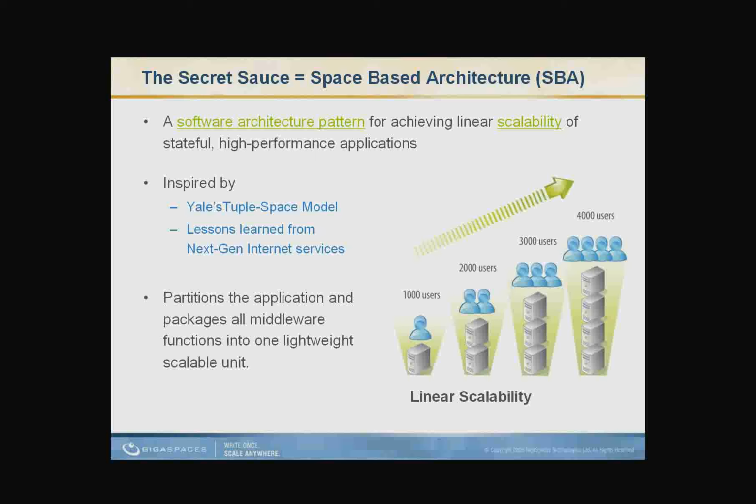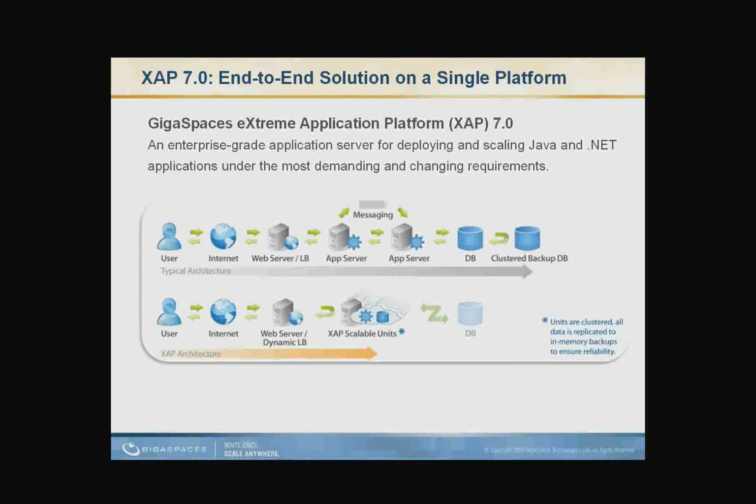That includes partitioning, and how we package the application and build it so that adding another machine or any other resource will enable us to increase the number of users or throughput linearly, in direct proportion to the number of machines that we're adding to our system.